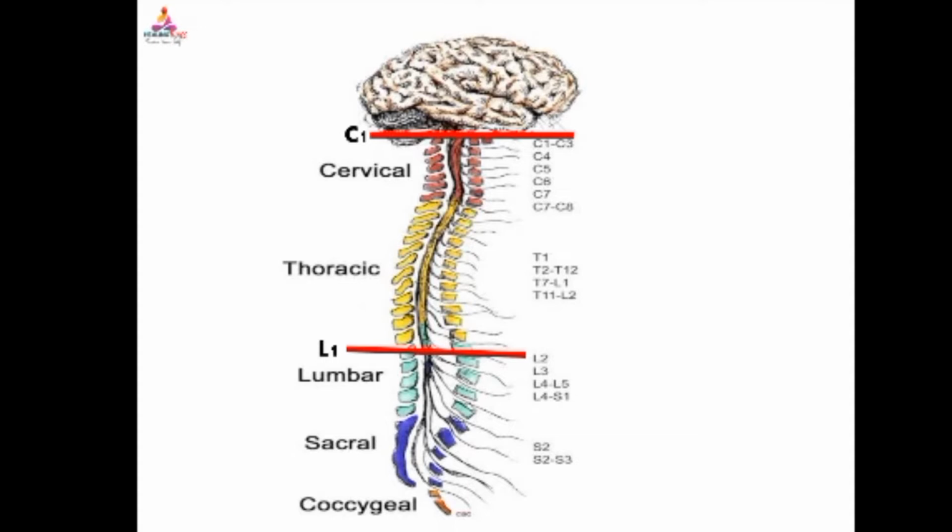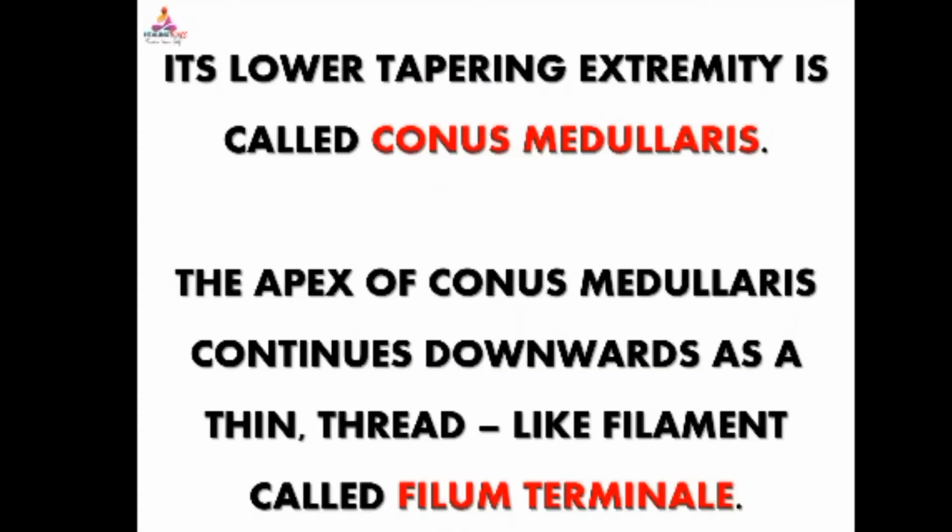First cervical vertebra to first lumbar vertebra is where the spinal cord extends. Its lower tapering extremity is called conus medullaris. The apex of conus medullaris continues downwards as a thin thread-like filament called filum terminale.